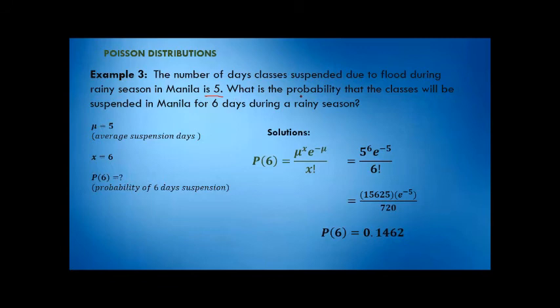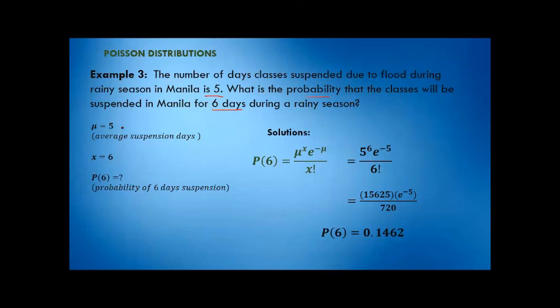So, what is the probability that the classes will be suspended in Manila for 6 days during a rainy season? So, ibig sabihin, the average number of classes suspension daw is 5. So, during rainy season. So, what would be the probability na 6 ang magiging class suspension?